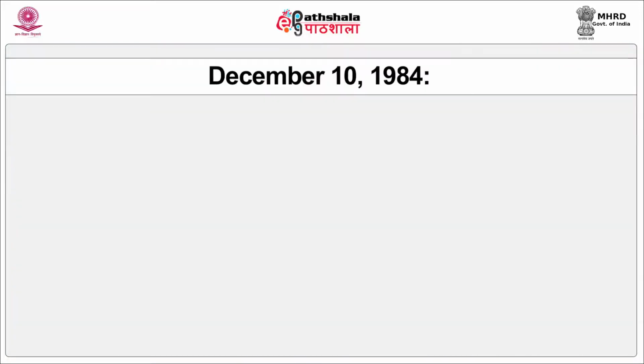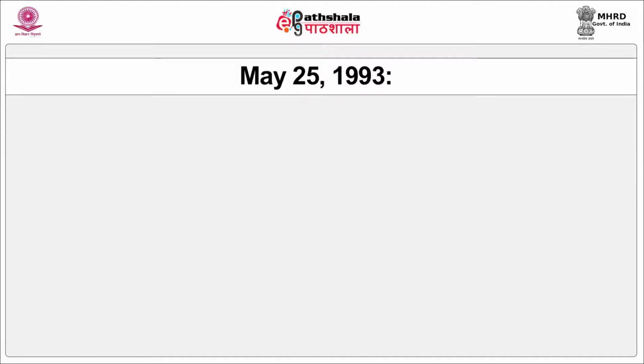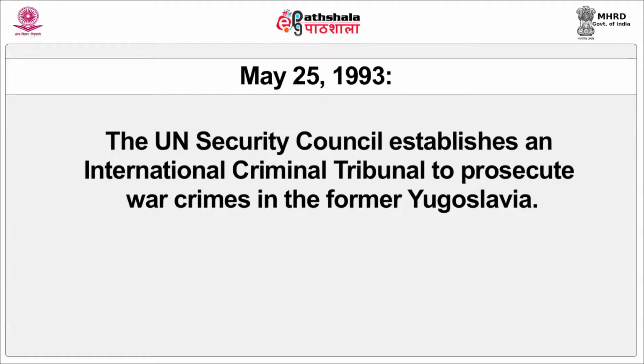December 10, 1984: The UN General Assembly adopts the Convention against torture and other cruel, inhuman or degrading treatment or punishment. May 25, 1993: The UN Security Council establishes an International Criminal Tribunal to prosecute war crimes in the former Yugoslavia.